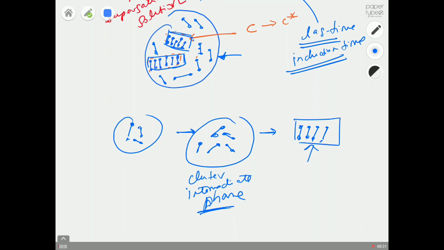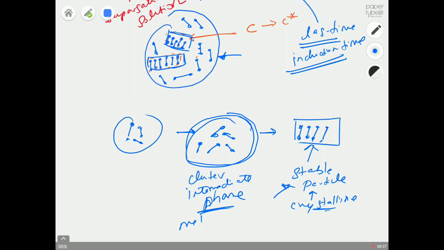So this is your stable particle, usually crystalline. And whatever looks like some structure before that, we call metastable, metastable solids maybe.